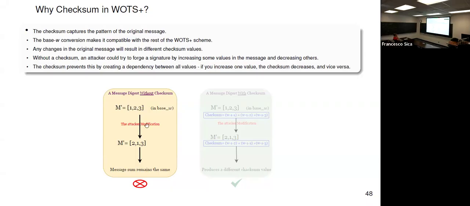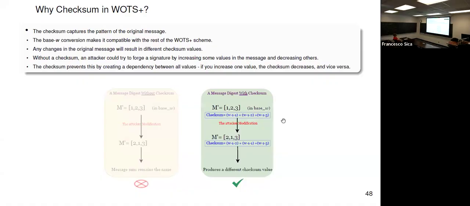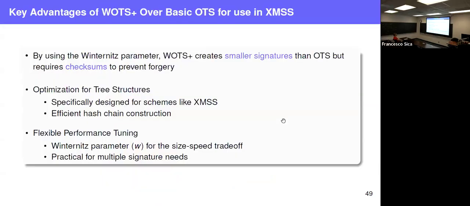The attacker can increase some values and decrease some other values, and keep the balance of the sum of these values. But when we use the checksum in the message digest, the attacker cannot make any changes to the message digest value.